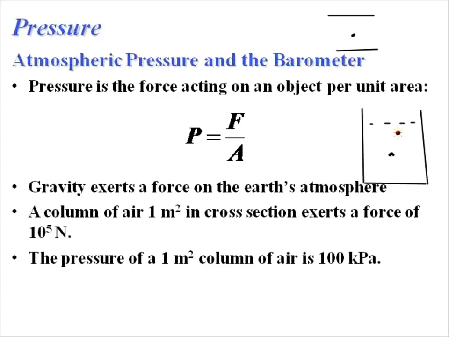The two will be added in that case. This Newton per meter square is called Pascal. So 10 to the power 5 Pascal, which is 100 kilopascal, that is the atmospheric pressure.